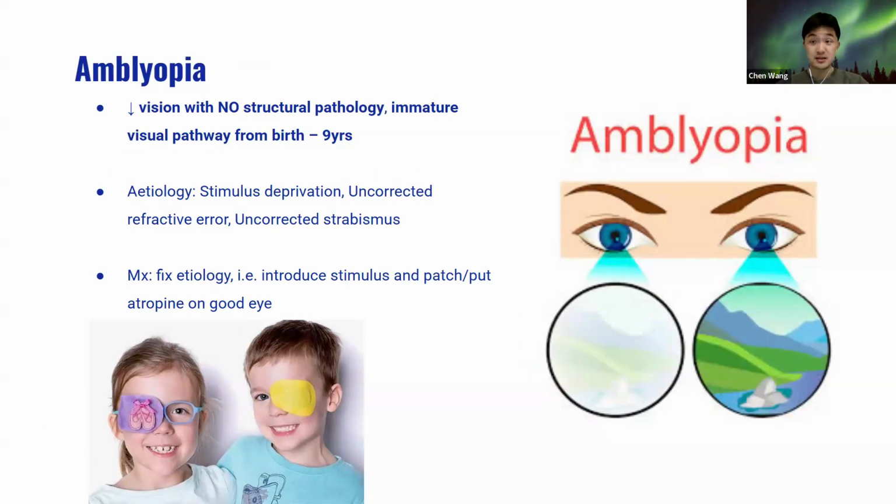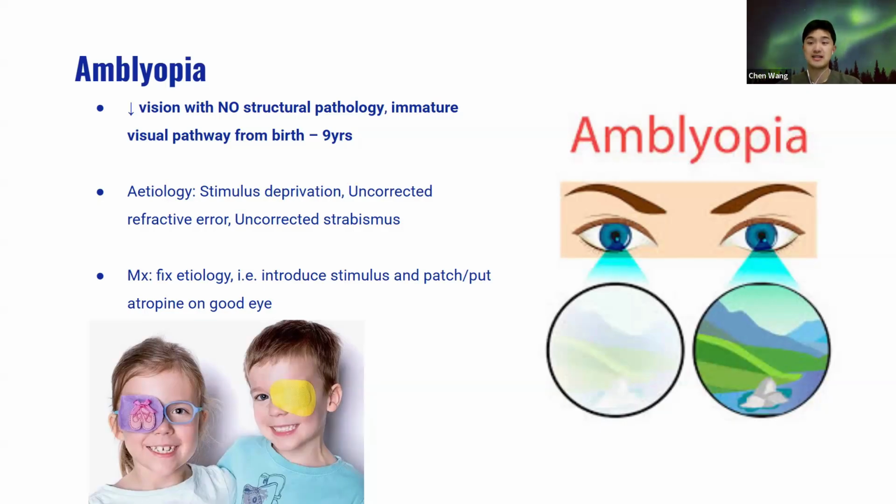So amblyopia is a little bit complicated. So basically, the children's visual axis will develop until when they're about 8 to 9 years old. So before that, if there's any deprivation of stimulus, if they have an uncorrected refractive error or uncorrected strabismus, it can actually lead to one eye being used much more than the other eye.